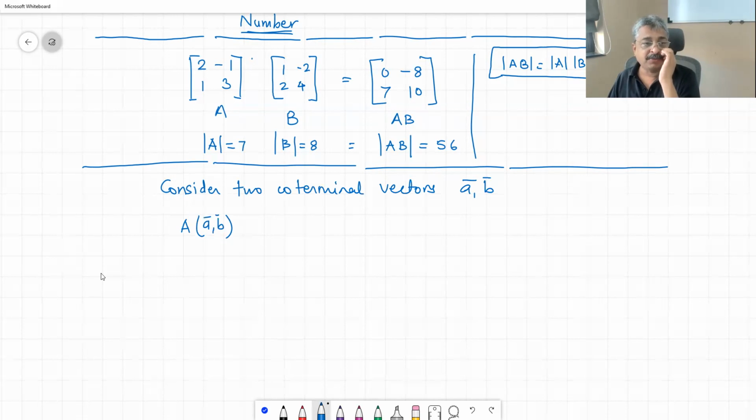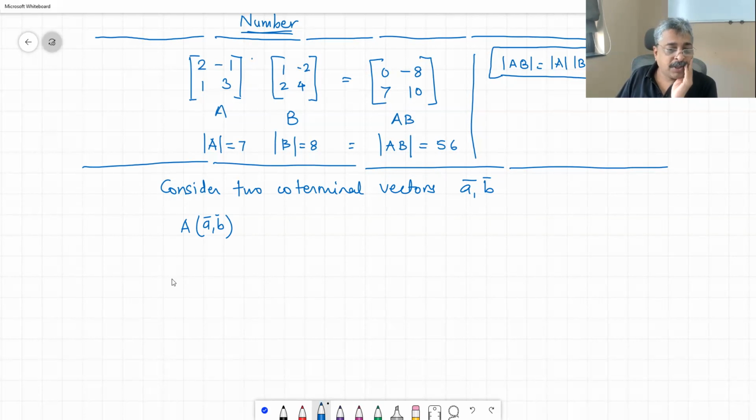Now we will do it first for 2D, 2 vectors, then we can extrapolate that to 3 vectors, 4 vectors, etc. So A of A comma B is the area of the parallelogram formed by A comma B. Okay, so this is going to be some number, and of course, it has got the orientation: first A followed by B.